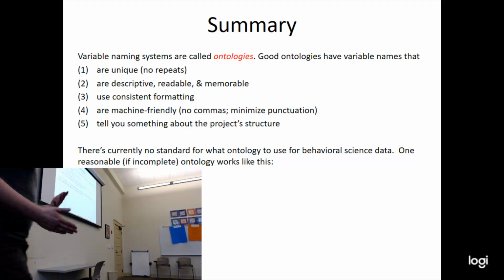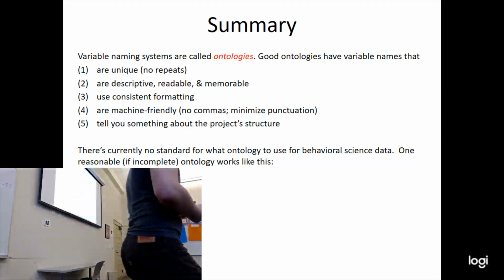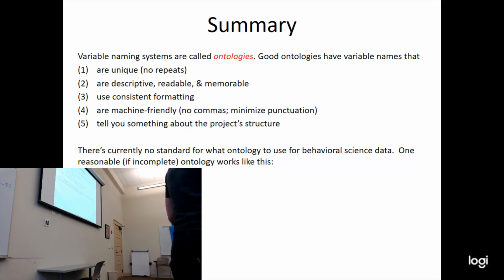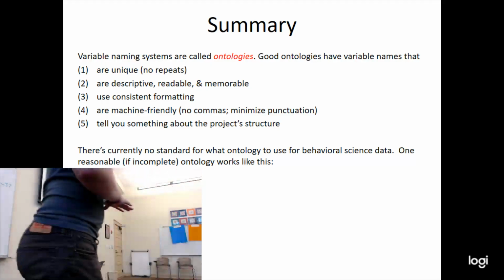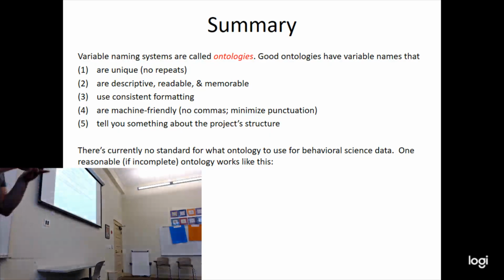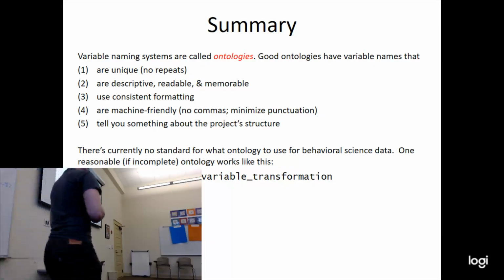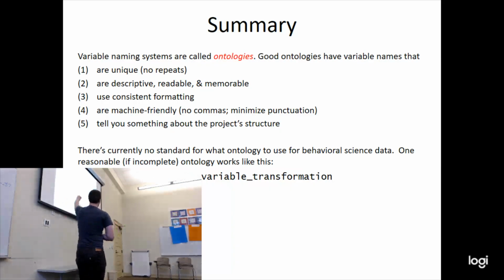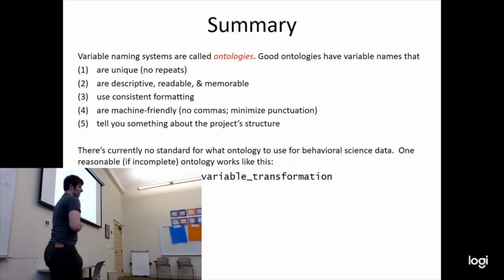It would be really nice if we had standard ontologies in the behavioral sciences, but they're a little bit scattershot. So that gives you a difficult task when you're thinking about how you want to structure your data. But one structure that's worked for me for variable names is you have structural issues, blocks, whatever, early on, variable names in the middle, transformations at the end.